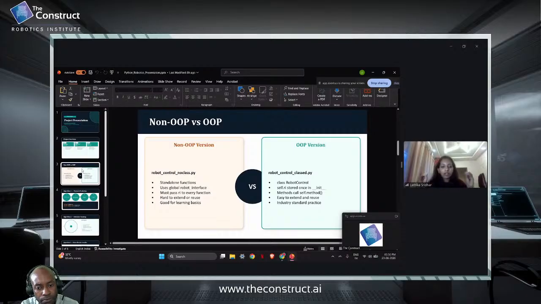So this robot interface is stored once during initialization using self.ri, which is basically an object. We keep calling the object instead of the entire function again and again, so it is accessible throughout the class. This object-oriented programming version improves modularity, maintainability, and scalability, and it is much preferred over the non-object-oriented version. Next we move on to the algorithms.